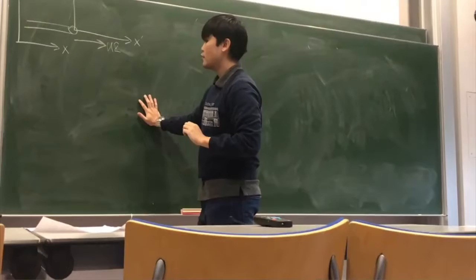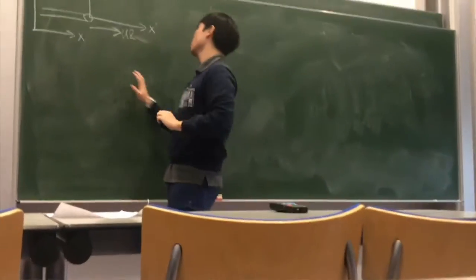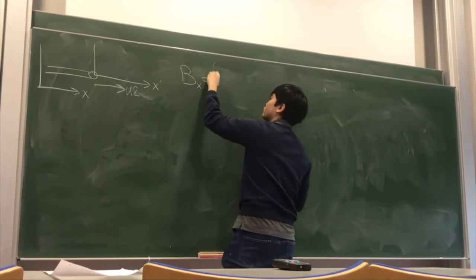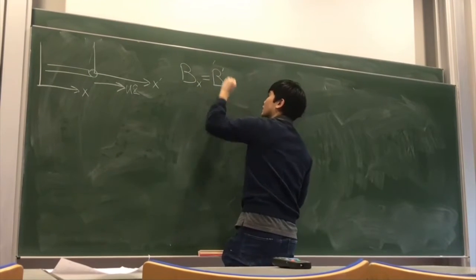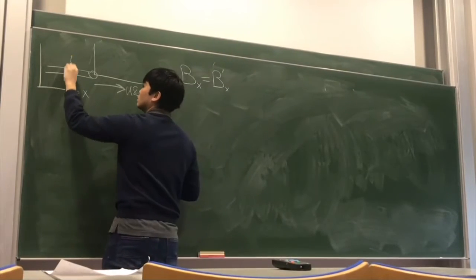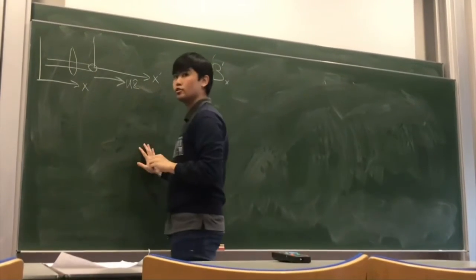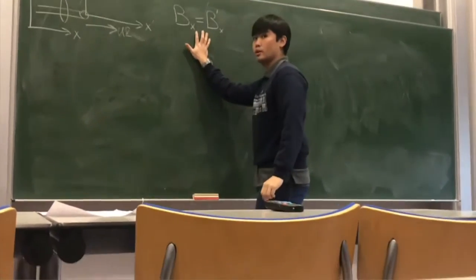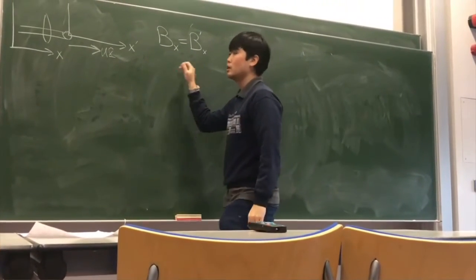Now, if you transform the magnetic field, you see that the magnetic field in the x direction is the same. And that means that if you compute the flux through this cross-section, it's going to give the same flux, right? Because you have the same magnetic field.